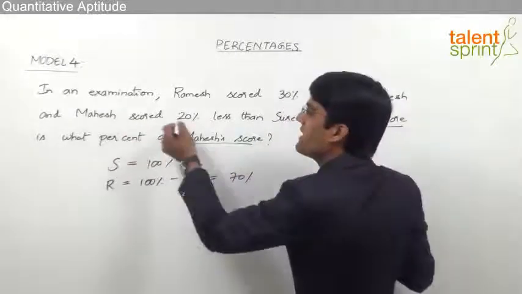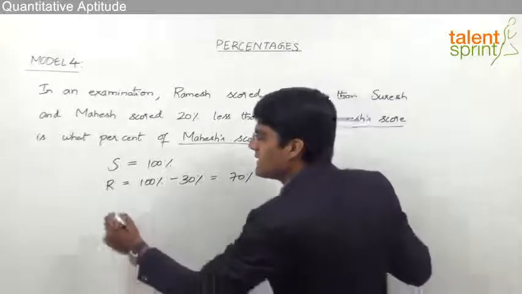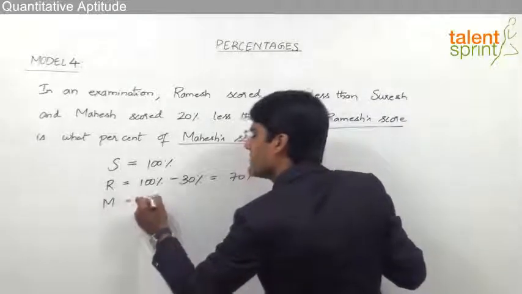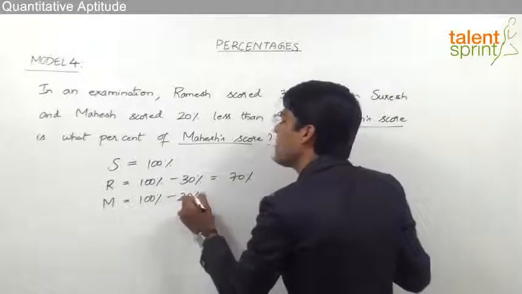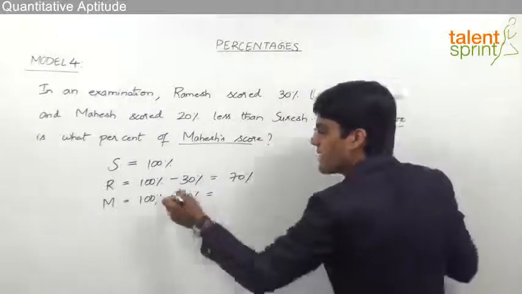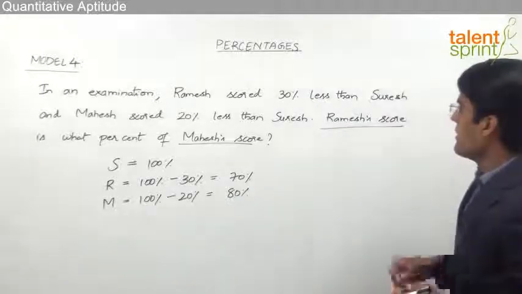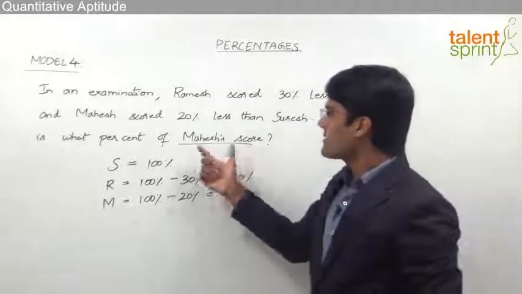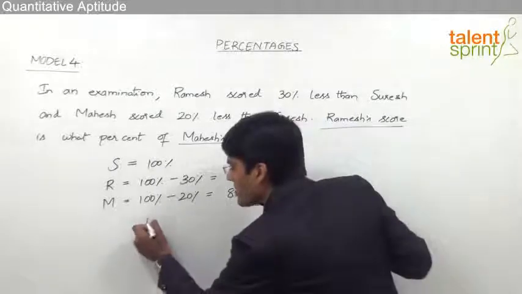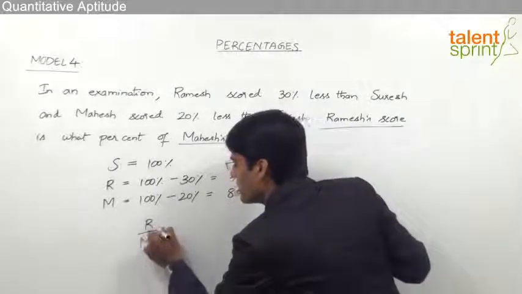And similarly, Mahesh scored 20% less than Suresh. So Mahesh's score can be taken as 100% minus 20%, so 100% minus 20% is 80%. Now we have to find out Ramesh's score is what percent of Mahesh's score. The answer here should be Ramesh's score by Mahesh's score into 100.